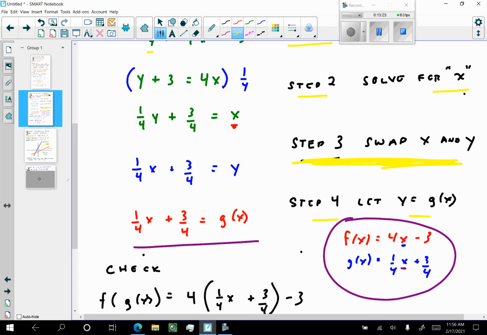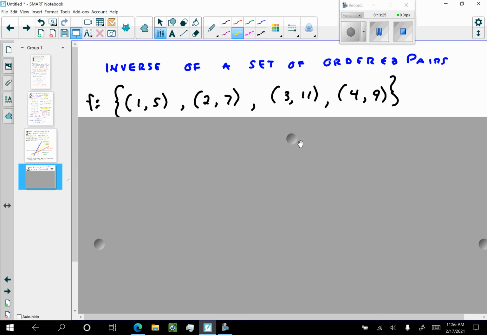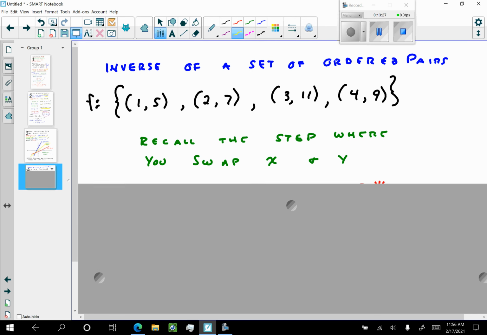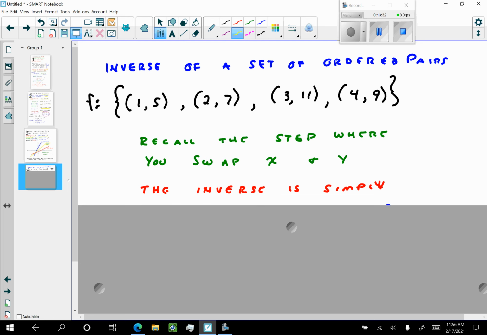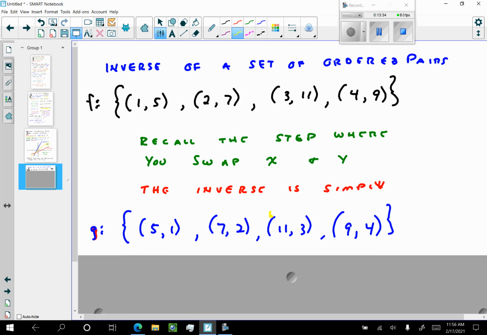If I look at this, guess what you're going to do? You're going to recall the step where you swap the x's and y's, and the inverse is simply, yes, it is that easy. The x's become the y's and the y's become the x's.